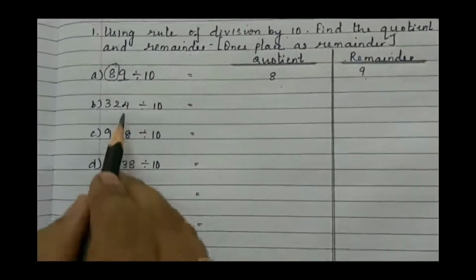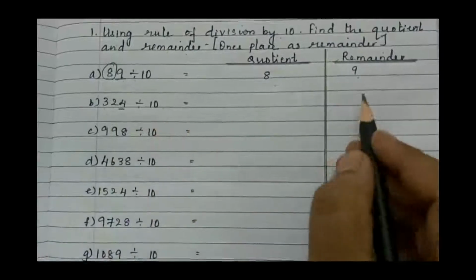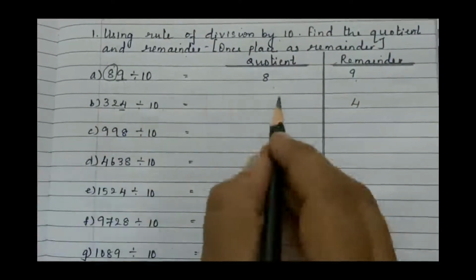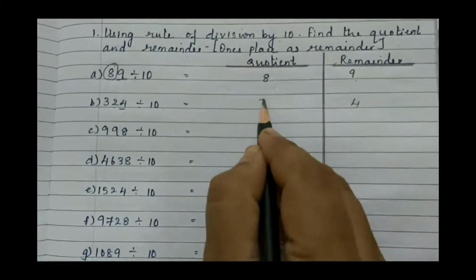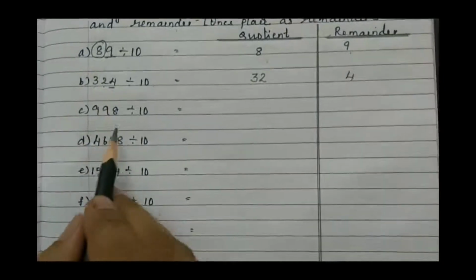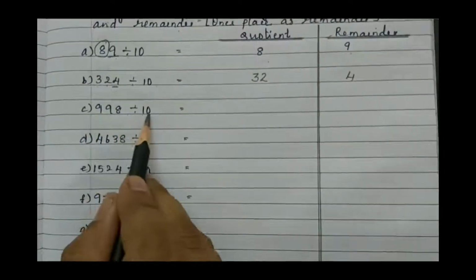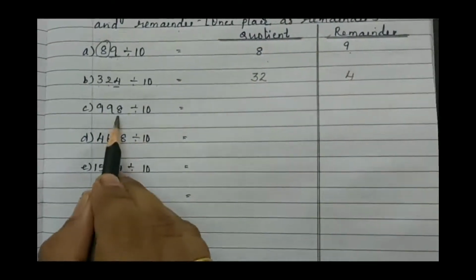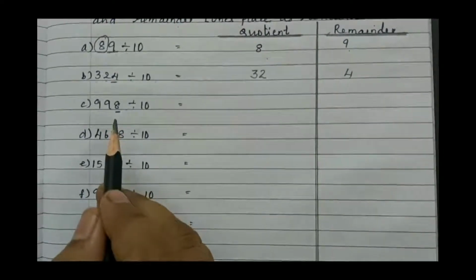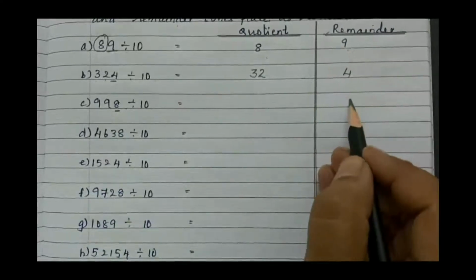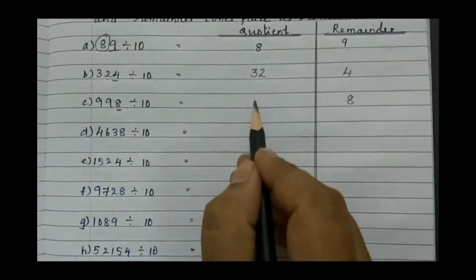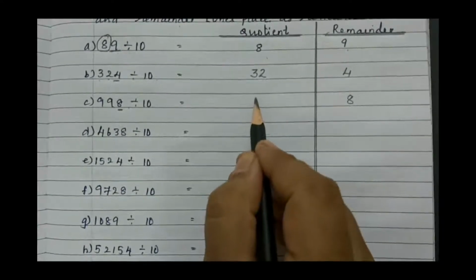As per the rule, the ones place will be the remainder and the remaining, that is tens and hundreds, will become the quotient, that is 32. C. 998 divided by 10. In this, underline the ones digit. 8 becomes the remainder. 99 as quotient.